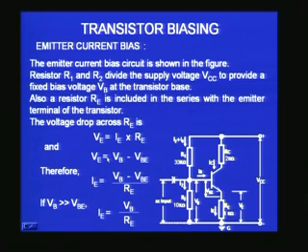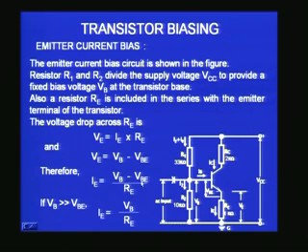So VE is also the voltage at base minus a small drop across the base emitter junction, which is called VBE. So VE is VB minus VBE, and therefore now I can calculate IE. IE is nothing but VE by RE, and instead of VE I can write VB minus VBE, divided by RE.